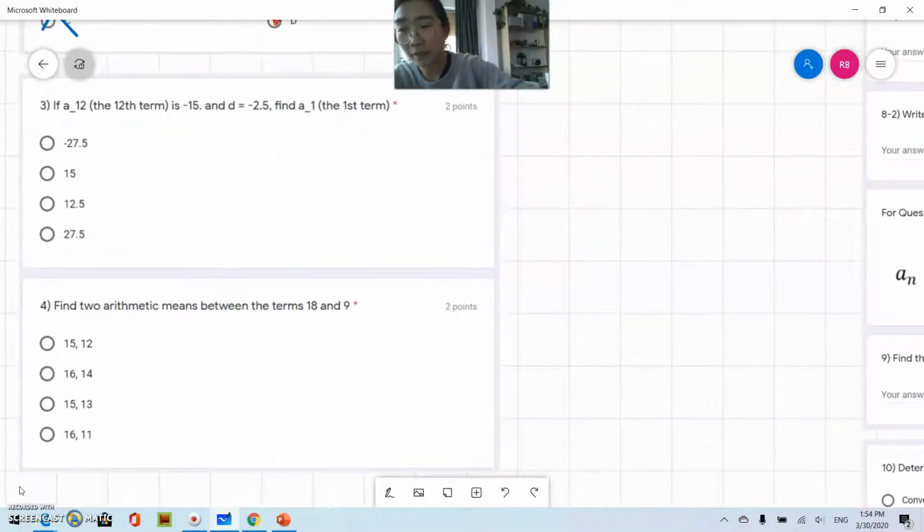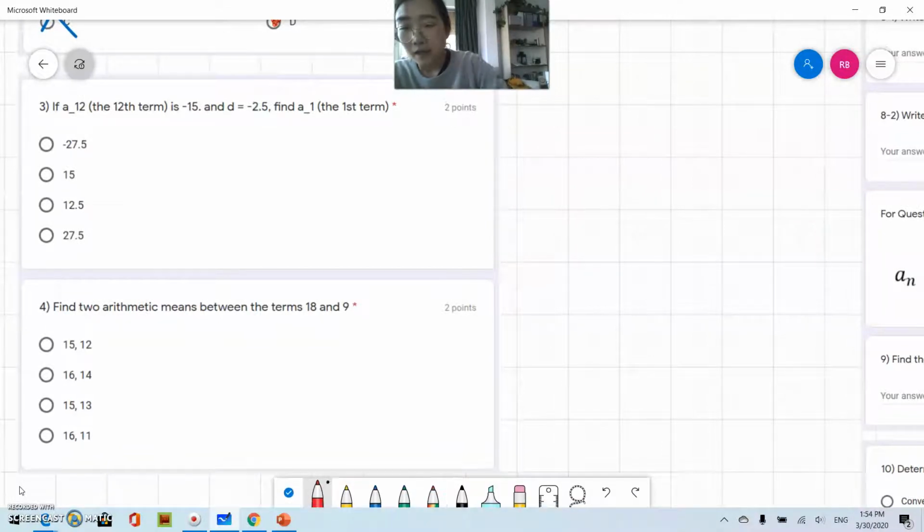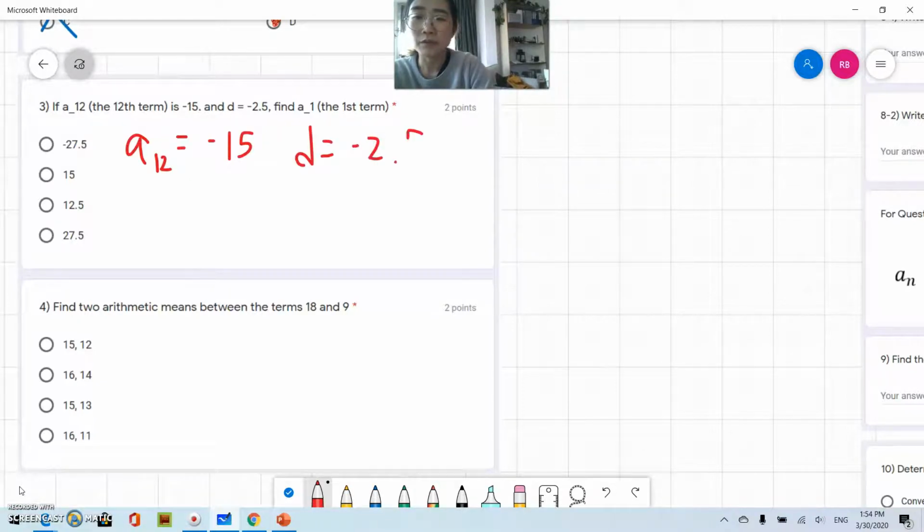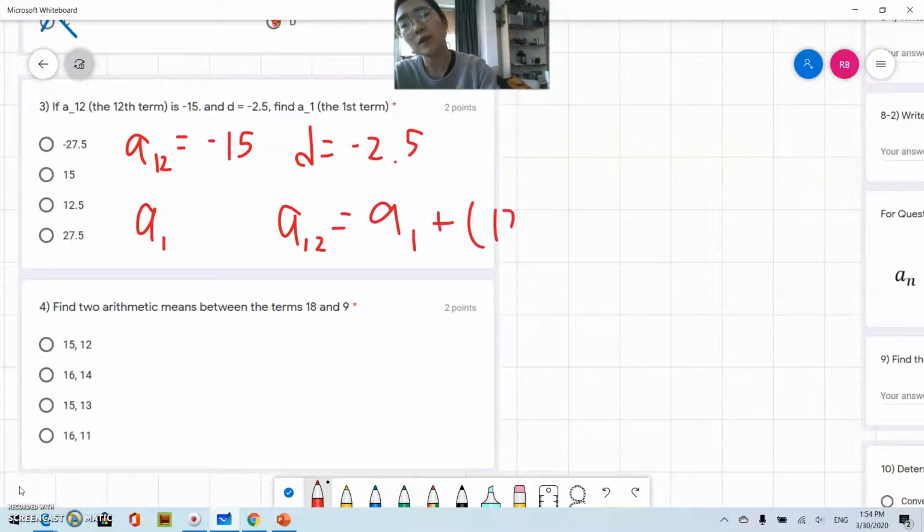Let's get number 3. A12, the 12th term, is negative 15 and common difference of negative 2.5. So we know automatically this is an arithmetic sequence and it's looking for A1. So we are going to use the explicit formula for arithmetic series. So A12 is A1 plus 12 minus 1 times D. And we know A12, which is negative 15.